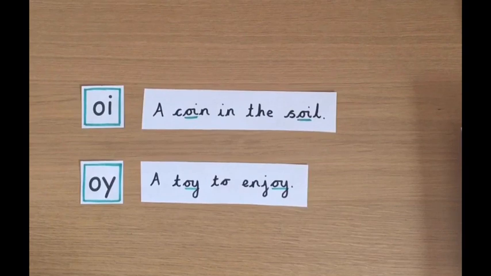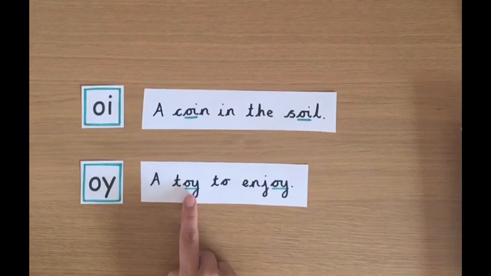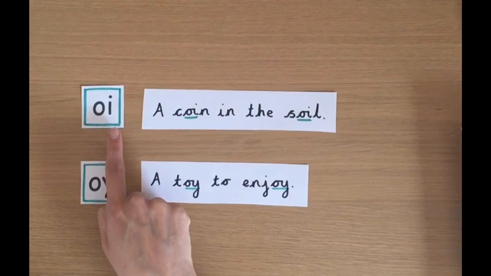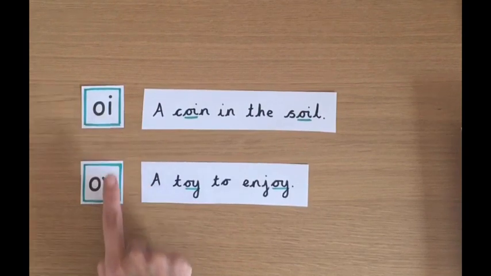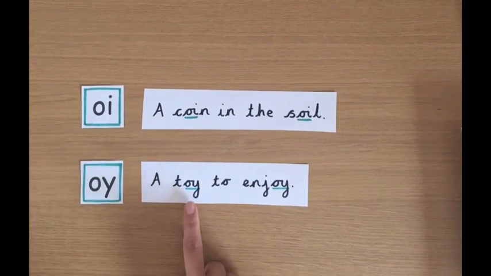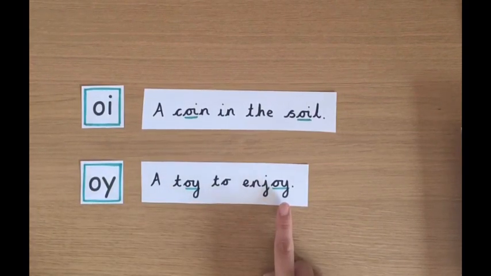Where's the oi sound in these words? Is it at the beginning? Is it in the middle? Or is it at the end? Yeah, it's at the end of the word. So this one can go in the middle of a word or sometimes at the beginning, but this one is usually at the end of a word, like in toy and enjoy.